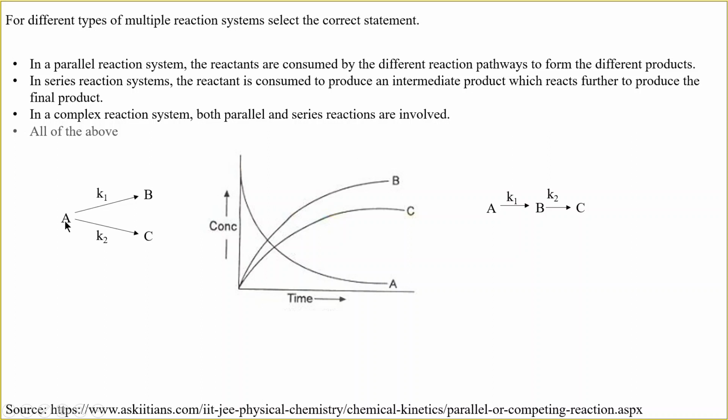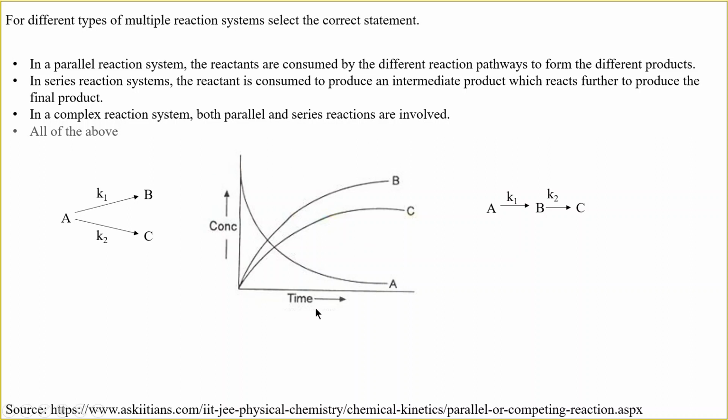Maybe B is an intermediate in this parallel reaction scheme also. So here we are seeing that on the B pathway, we are seeing a series reaction, but at the same time, to form B and C, we are seeing a parallel reaction scheme. So in a complex reaction system, both parallel and series reactions can be involved.